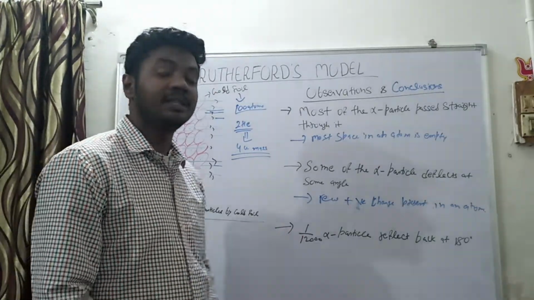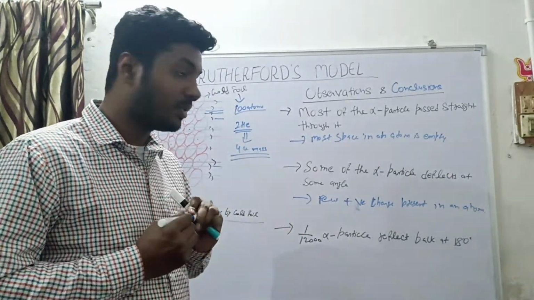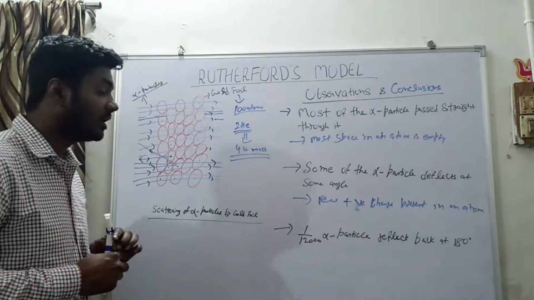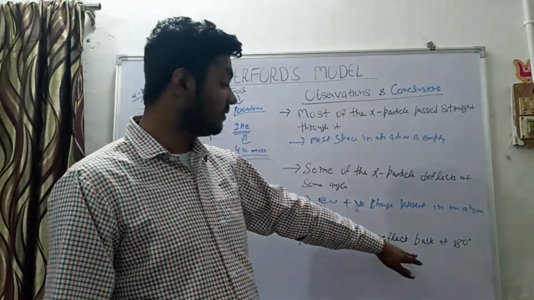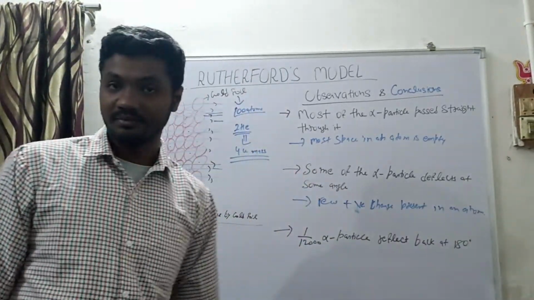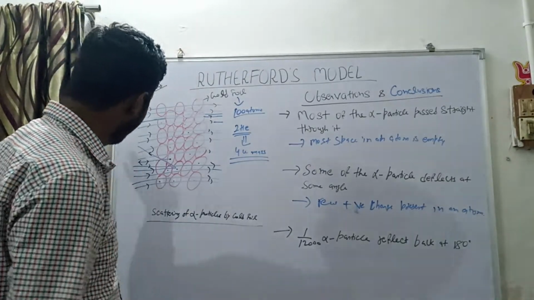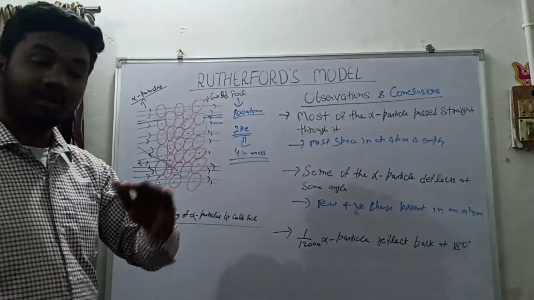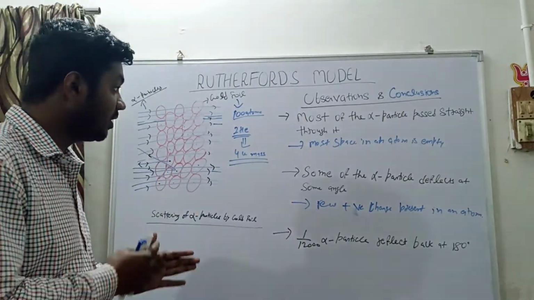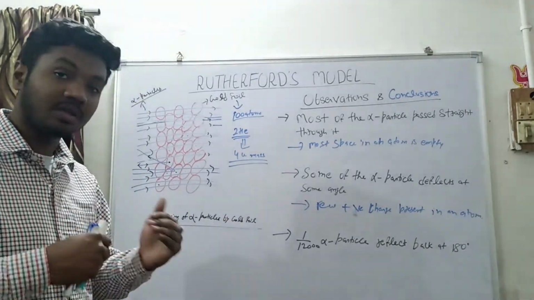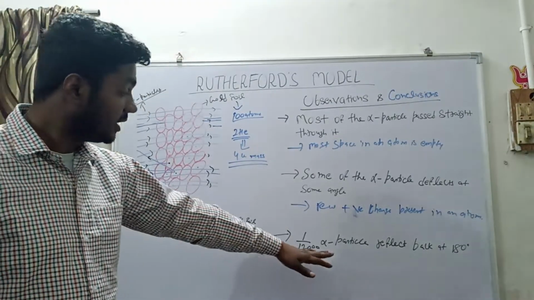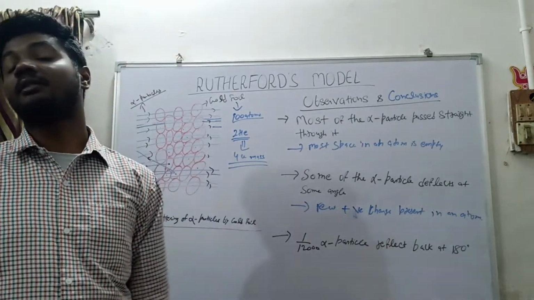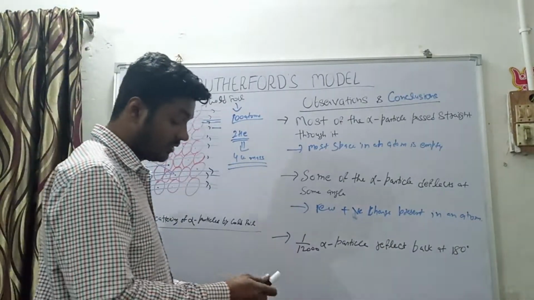In his next observation, which is the most important one, 1 out of 12,000 alpha particles reflects back at a 180-degree angle. In his experiment, where he passed n number of alpha particles, on average one alpha particle out of every 12,000 reflects back at a 180-degree angle.